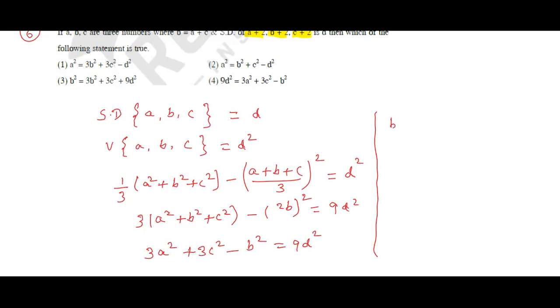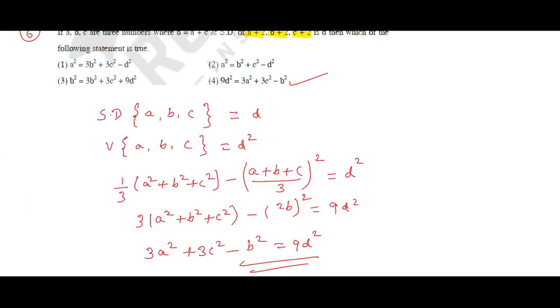Overall we get 9D square is equal to 3A square plus 3C square minus B square. We got the answer here only. No need for this step. This is a very easy question. Standard deviation of ABC and standard deviation of A plus 2, B plus 2, C plus 2 are the same. Yes or no? So if you know that concept, then you'll get the answer very easily.